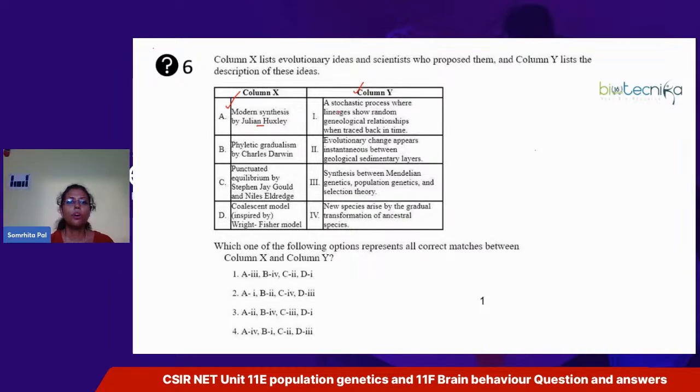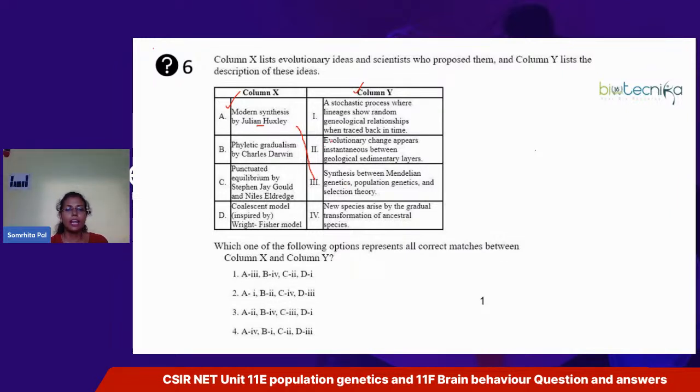So if you see the modern synthesis, this is an amalgamation of the ideas of Mendelian genetics, population genetics, and theory of natural selection. So definitely this will come with option 3, synthesis between Mendelian genetics, population genetics, and natural selection. That is your modern synthesis.